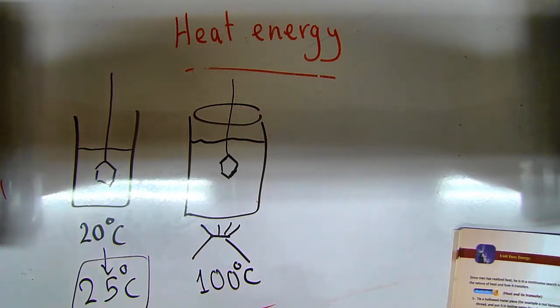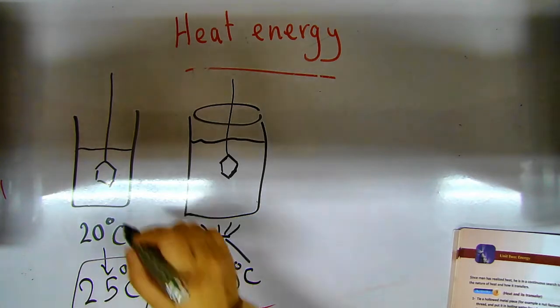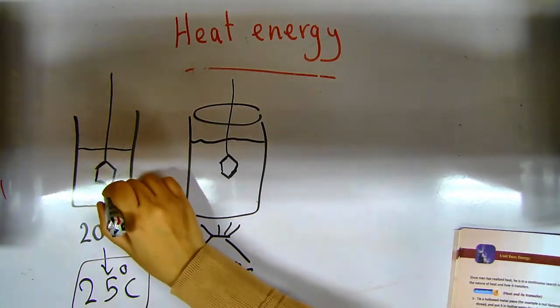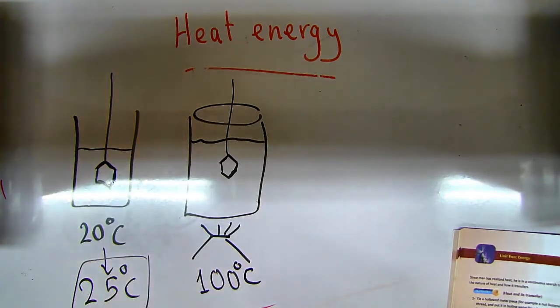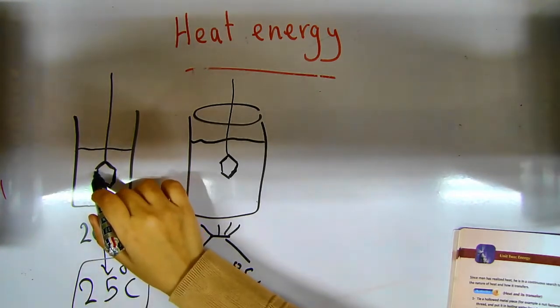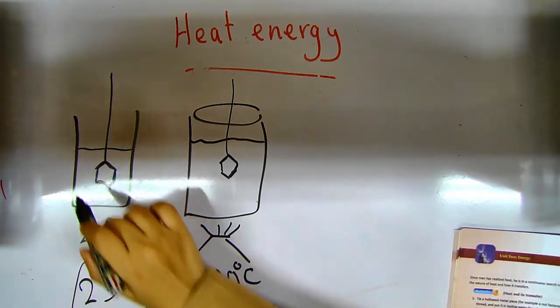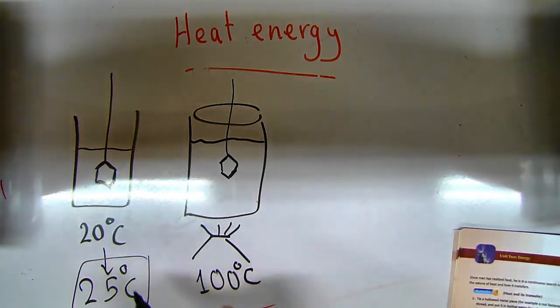Then it stops when they are equal in temperature. The nut fastener will give the water heat until both of them are equal in temperature. The temperature of the nut fastener will be 25 and the temperature of the water also will be 25. They will be equal in temperature.